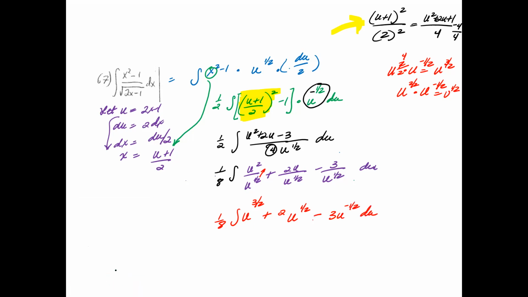Okay, now that I have this written out separately, you can pretty much just find the integral of this in 3 different pieces, but remember the 1/8 is over the entire thing. So let's do that. Plus 1 is going to give you a 5/2, divided by the 5/2, you got to flip it, which is a 2/5 u to the 5/2 plus flip the 3/2, 2/3 times the 2, which is going to give me a 4 on top.